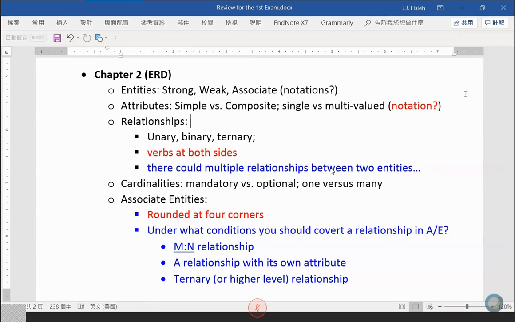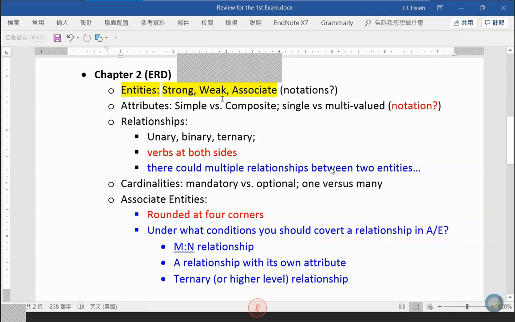Now, for chapter 2, the most important part is those basic elements. So what is an entity, what are attributes, and what's a relationship. In entity, we have different kinds of entities. We have strong entity, and then we have weak entity.